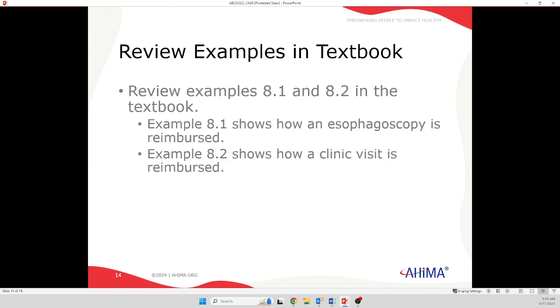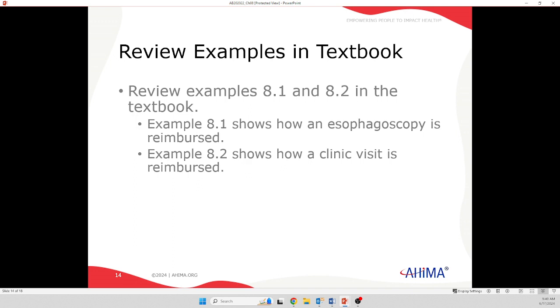Now, in your textbook, page 162, it again shows you that formula of how you get to that final payment. The first thing, though, always remember, the first thing we have to do is adjust each piece of that RVU for the geographic factor.